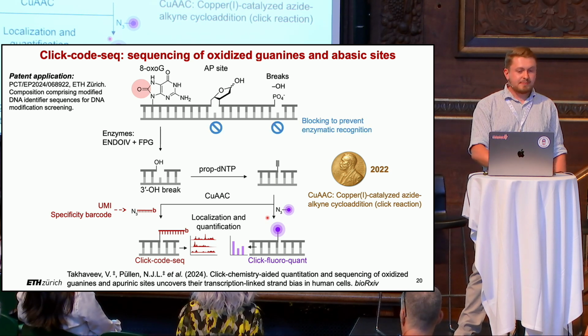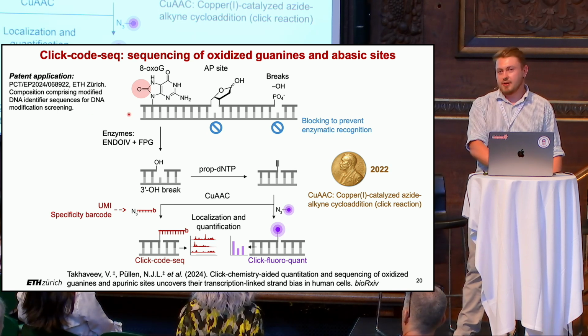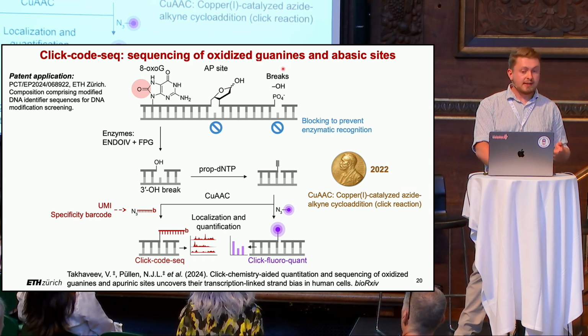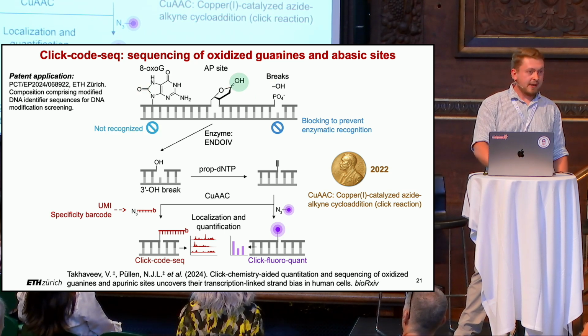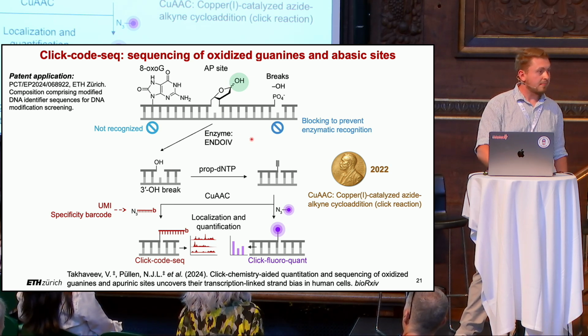To increase the specificity of our method for 8-oxoG, we block other abundant forms of DNA modifications, including abasic sites and breaks. And if we need to use this method to map abasic sites, we use different enzymatic treatment and we block the breaks.